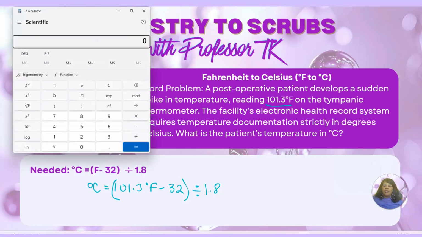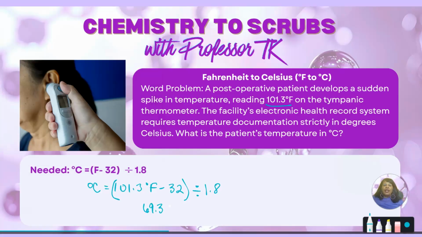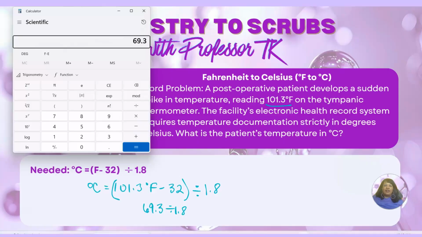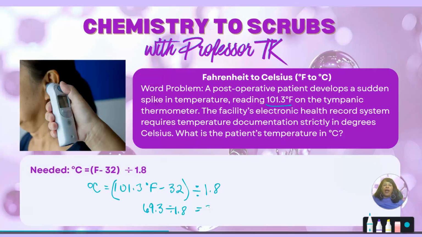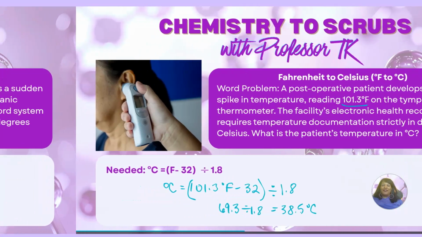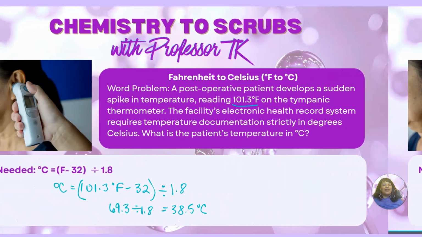And we're going to plug in 101.3 minus 32, and we get 69.3 divided by 1.8, and we get 38.5 degrees Celsius. That is our answer for this particular problem. Let's move on to the next one.